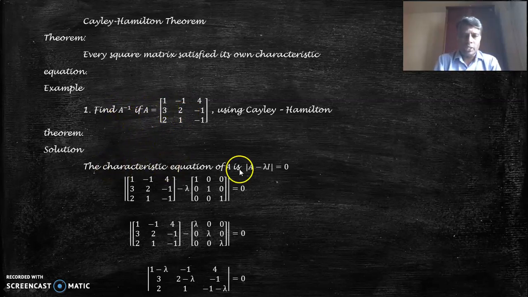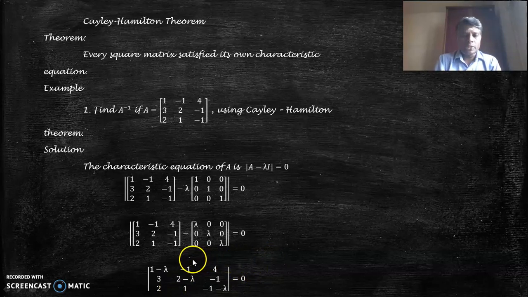So the characteristic equation of A is the determinant of A minus lambda I equal to 0. On simplification of the entries, this becomes 1 minus lambda, minus 1, 4, 3, 2 minus lambda, minus 1, 2, 1, minus 1 minus lambda.